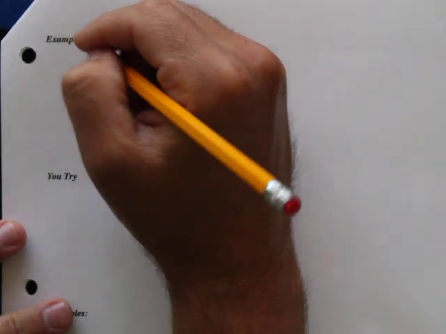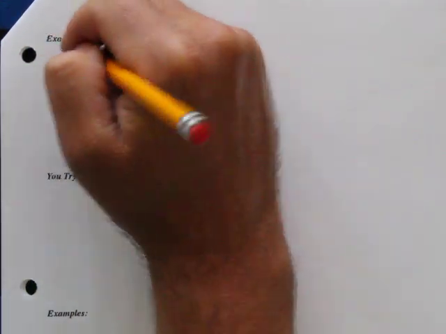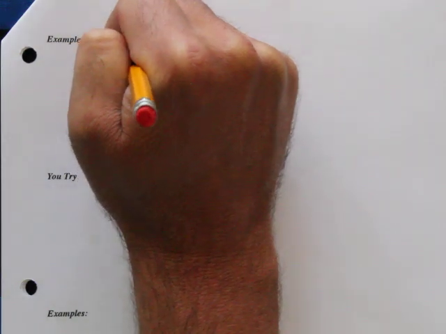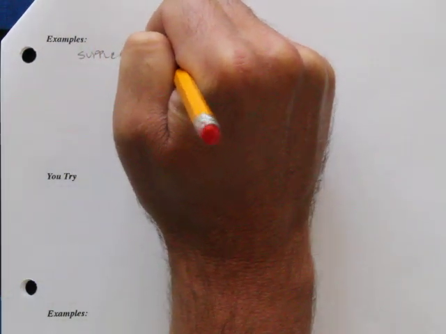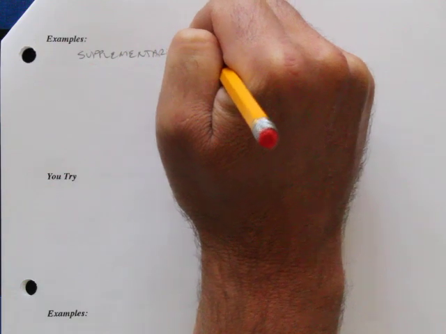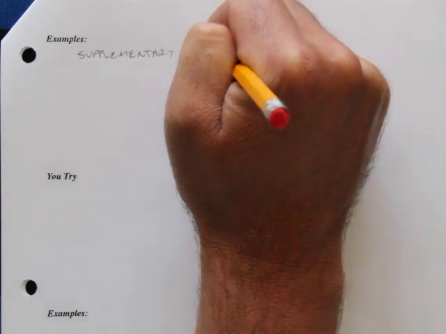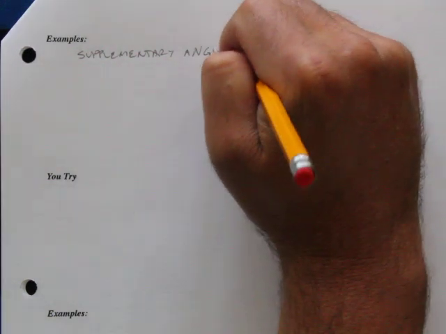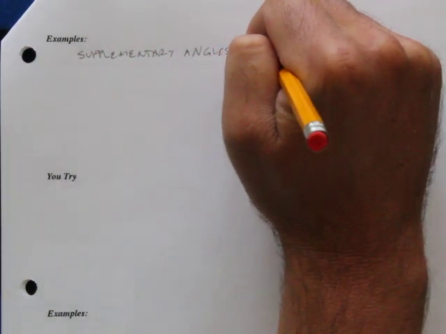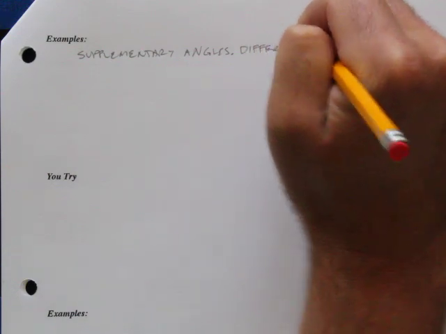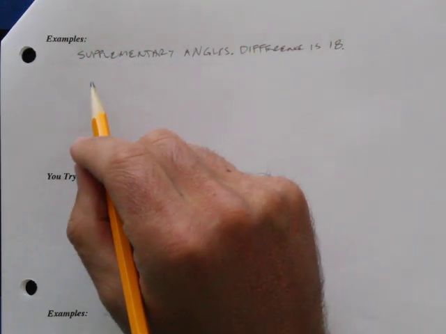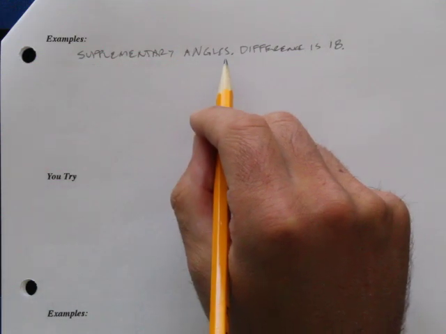Okay, so I've got a pair of supplementary angles, and the difference between the two is 18. So I've got to figure out how am I going to take supplementary.